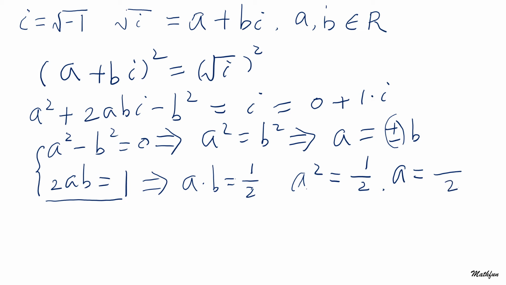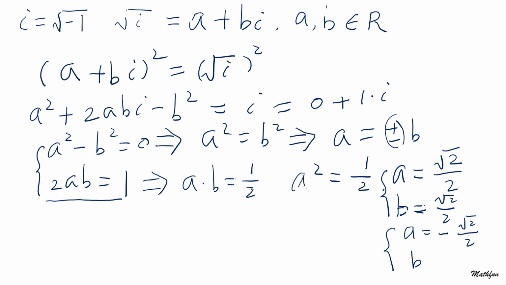So a will be the square root of a half, which in detail is the square root of 2 over 2. You can try it and it is the same. So if a is equal to the square root of 2 over 2, b is also equal to the square root of 2 over 2. This is one solution. Or a equals negative square root of 2 over 2, and now b will also be negative square root of 2 over 2. So in other words, the square root of i has two solutions.